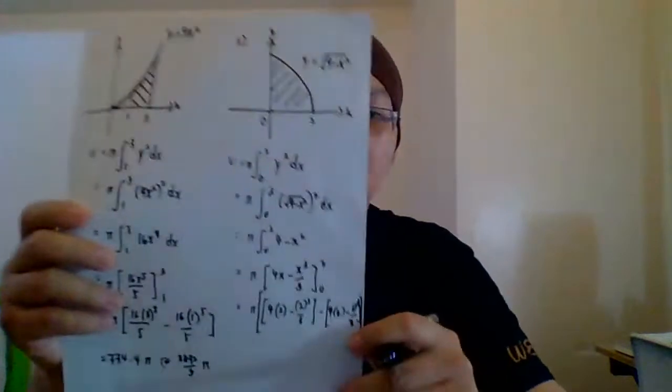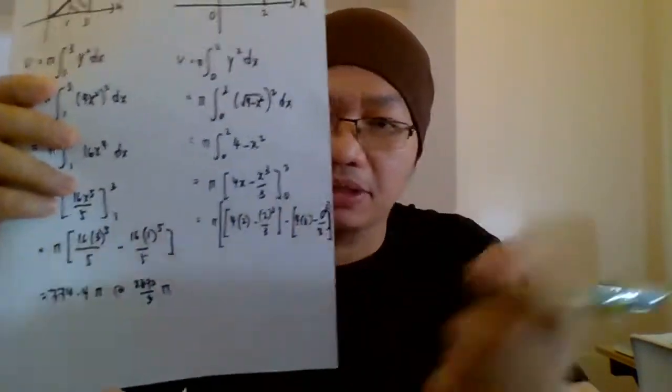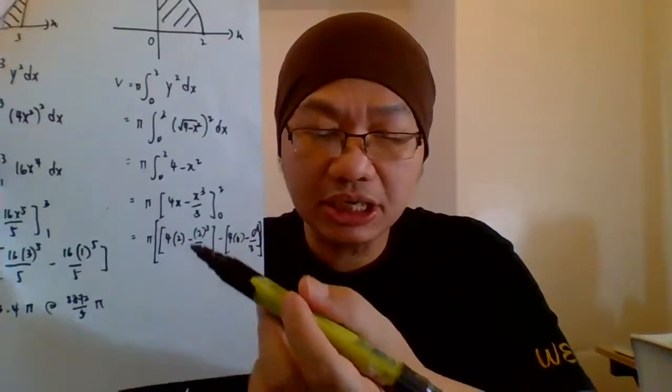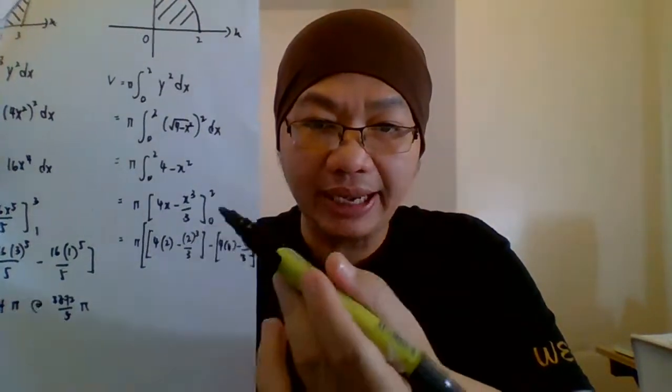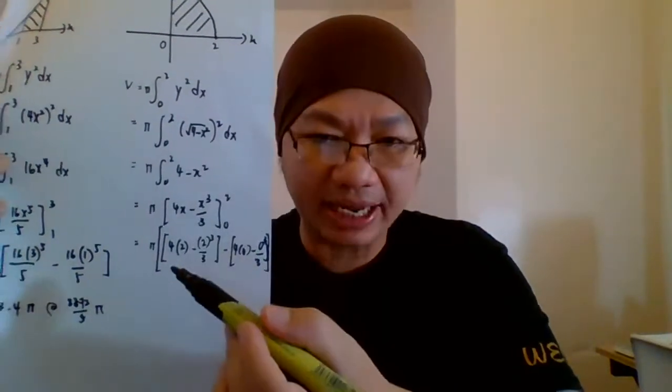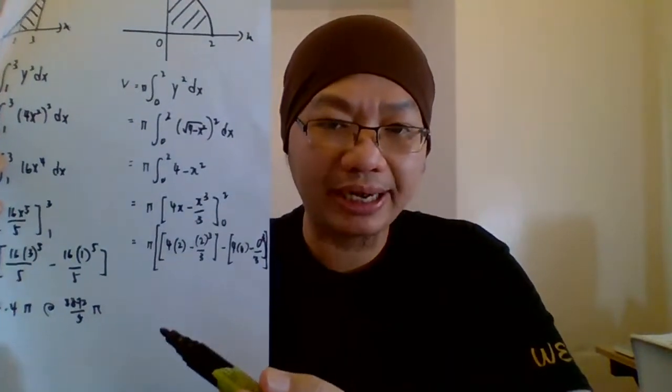Okay, I will show you all the steps. So now we substitute 2 here, and then minus, we substitute 0 here, and close the big bracket. So pi outside, don't forget the pi outside. Now tell me what's the answer.